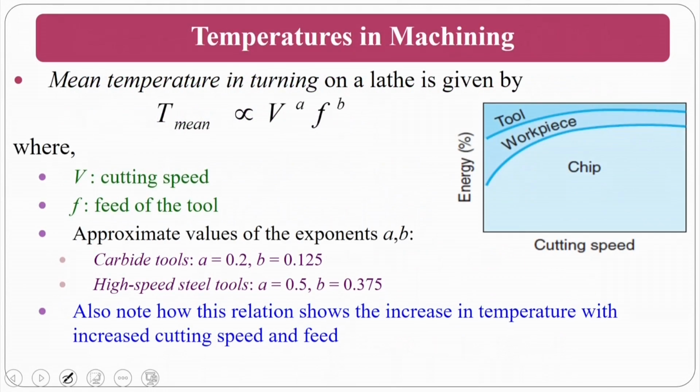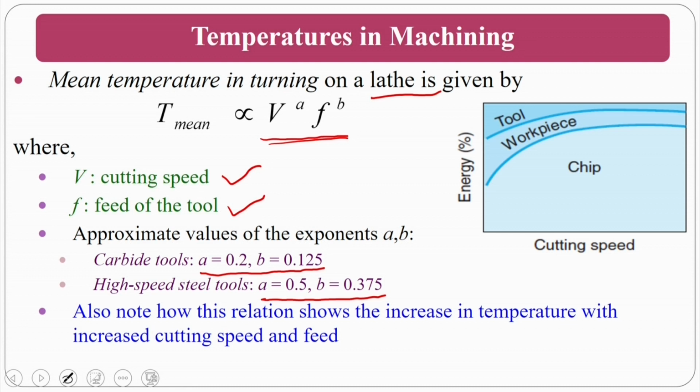Okay, so the mean temperature in the turning process on the lathe is a function of cutting velocity and feed, and A and B are the coefficients. The cutting velocity V and tool feed are nothing but this. For carbides, approximately A and B values are 0.2 and 0.125. For high speed steel, normally these values go up because the thermal softening of this material is faster compared to the hard carbide tool.